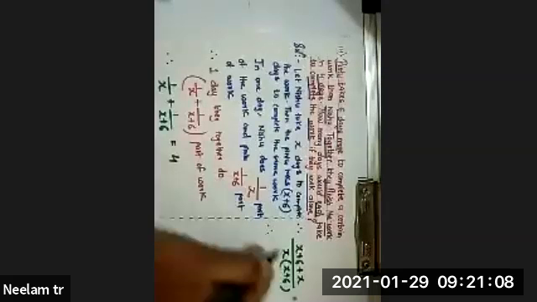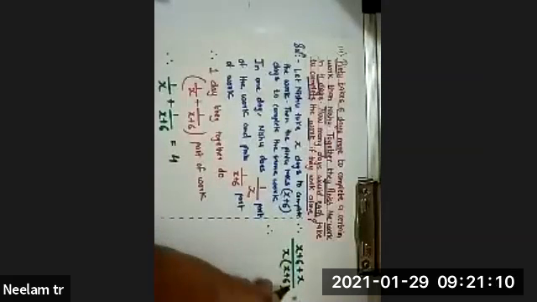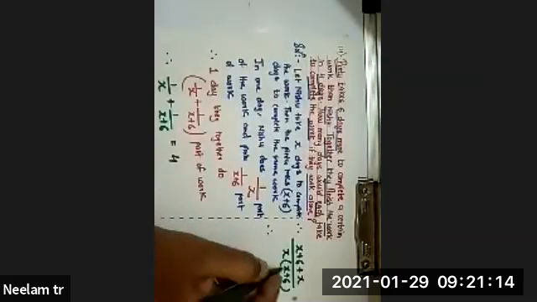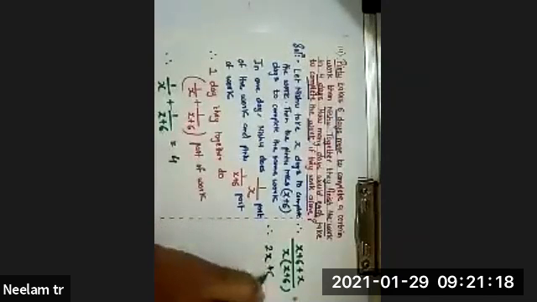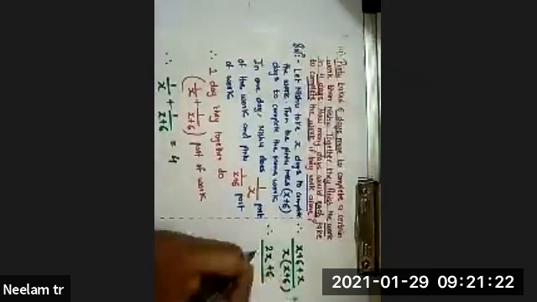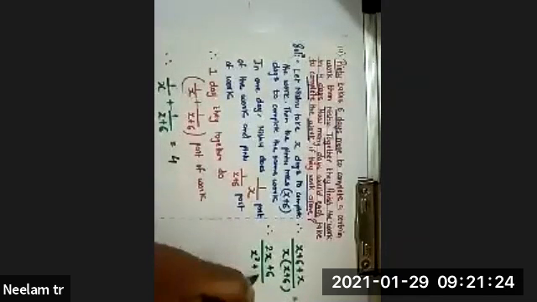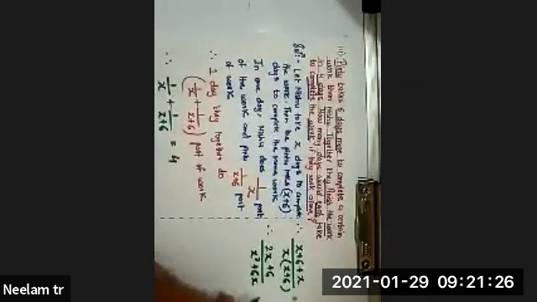I hope all my students know how to solve this. This will become X plus X will be 2X plus 6, and this will be X square plus 6X. This will be as it is, 4.